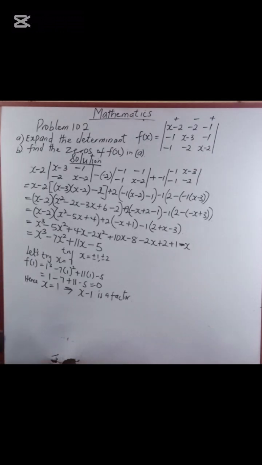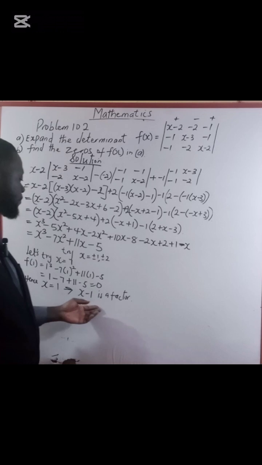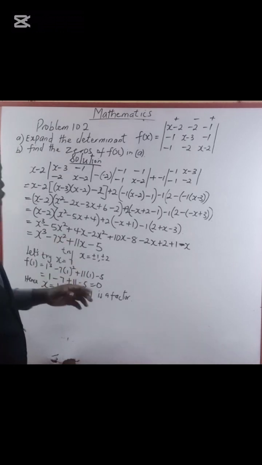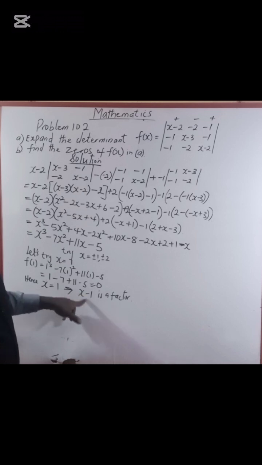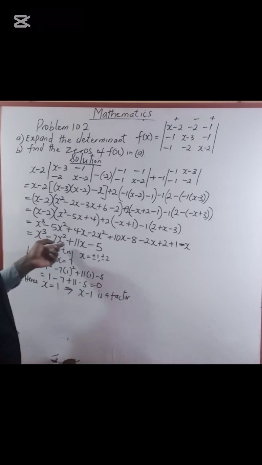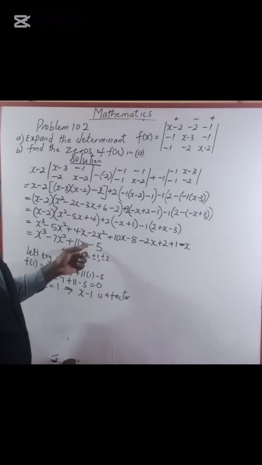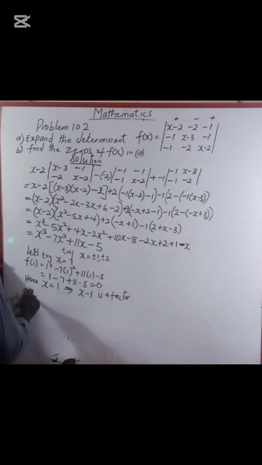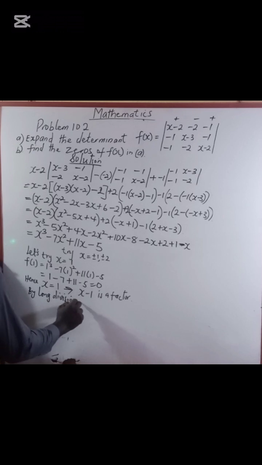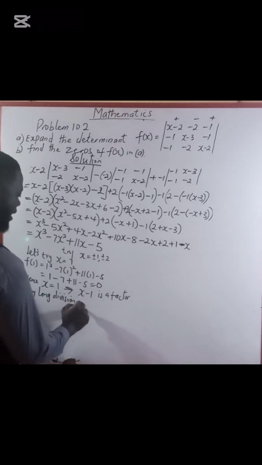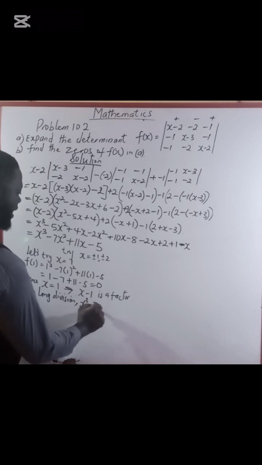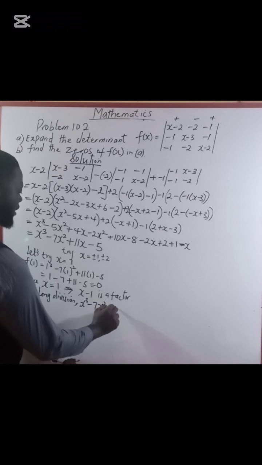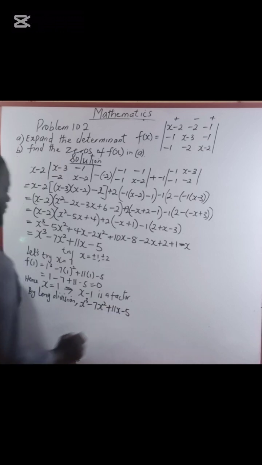All right. So to get the other factors, you have to divide by long division, using x minus 1 to divide x cubed minus 7x squared plus 11x minus 5. So let's go quickly. Here is x minus 1, and here is x cubed minus 7x squared plus 11x minus 5.